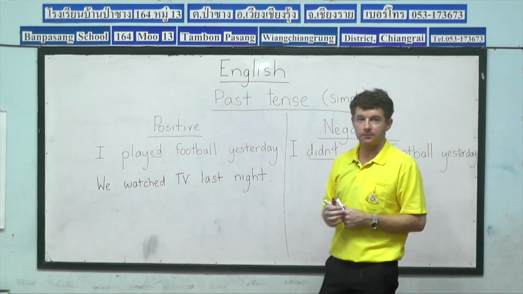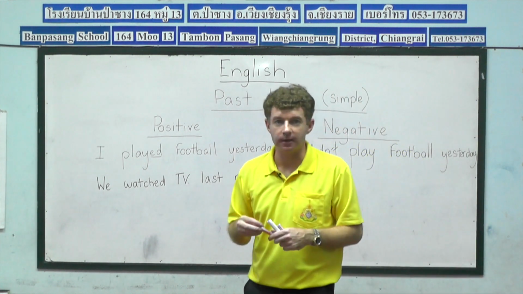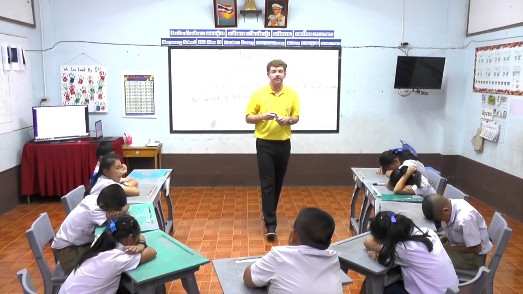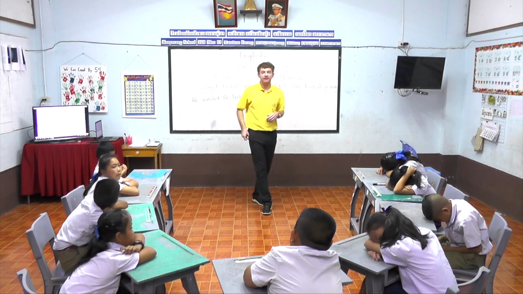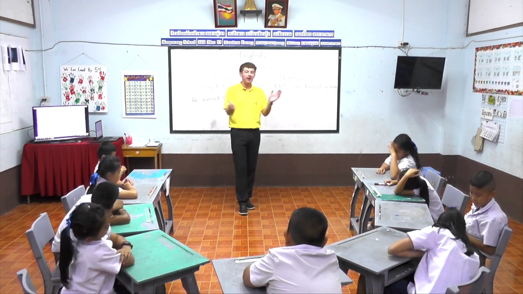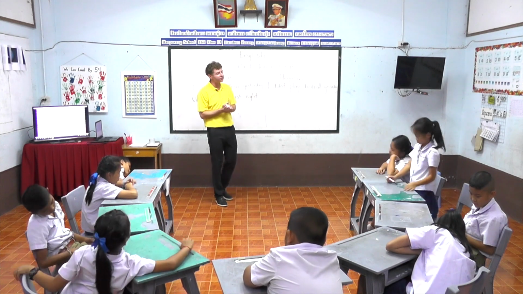Okay, so now we have our positive statement. Let's see who can turn it into a negative statement. So let's open our eyes, guys. Who has the pen? Prel, come and join me at the front of class, please.